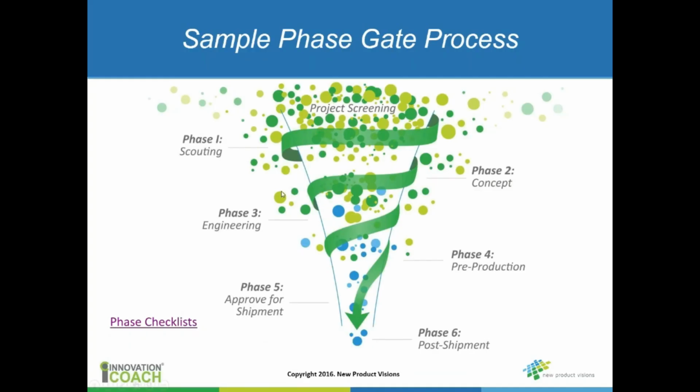The second thing I'll point out is, as I go through this, you're going to notice that I really emphasize spending a lot of time on these first couple of phases, because I think sometimes we tend to want to jump right into engineering of a product before we really do our due diligence and get ourselves set up for success. So I really want to emphasize that concept of making sure that you do the upfront work that you need.